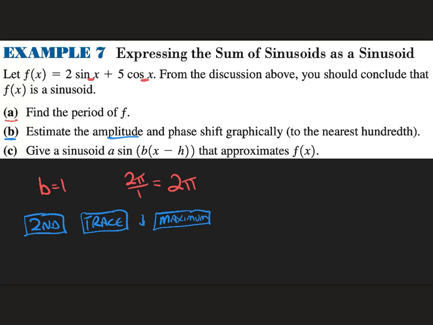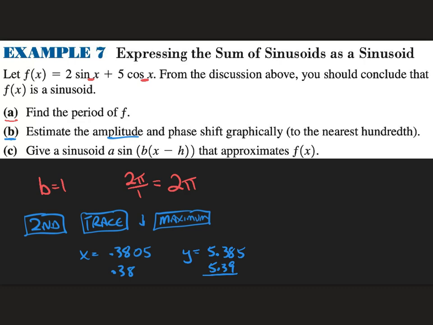Right arrow to the other side of the top, hit enter, and then hit guess, hit enter again. So when X is 0.3805, Y is 5.385. Let's call it 5.39, and call this 0.38. So 5.39 is the maximum.